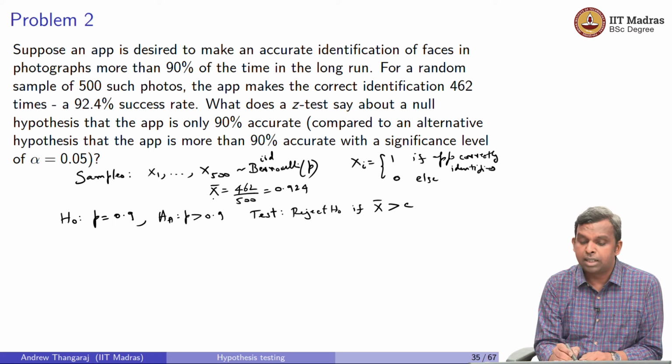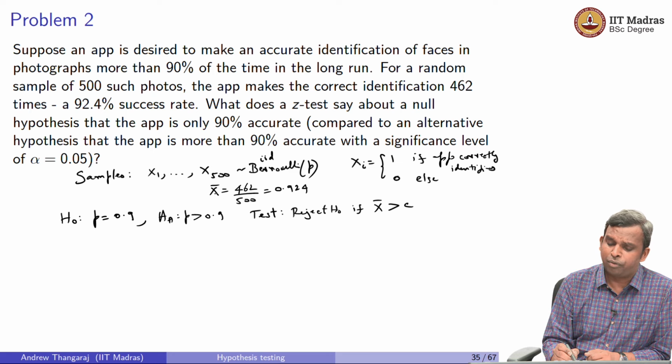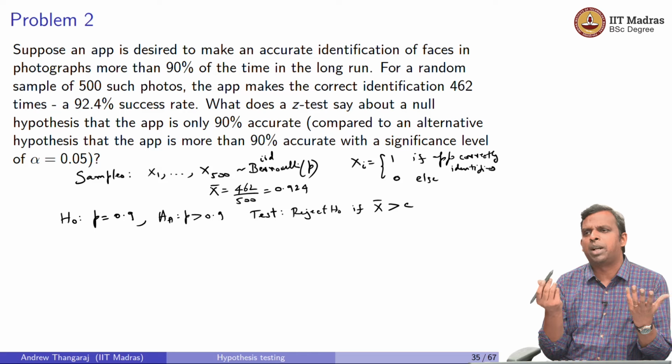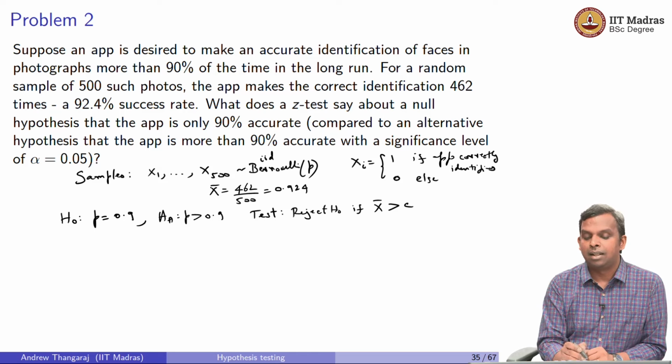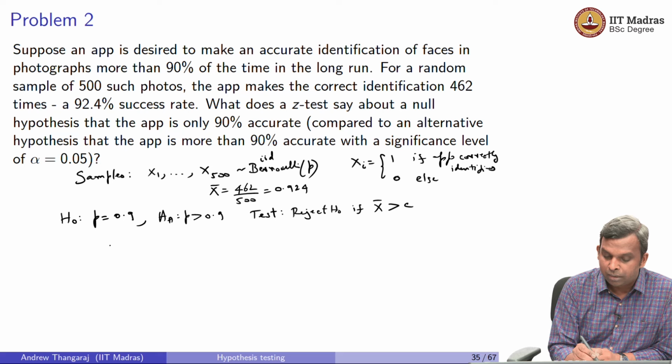Okay. Now, what's the distribution of x bar? You can make a normal approximation here, because this is Bernoulli, so the sum of all these will be binomial, and divided by n will also be binomial divided by n. Binomial is very closely approximated by normal. We've seen that before. So we'll approximate the distribution of x bar. So x bar, we will say, is normal with mean p.